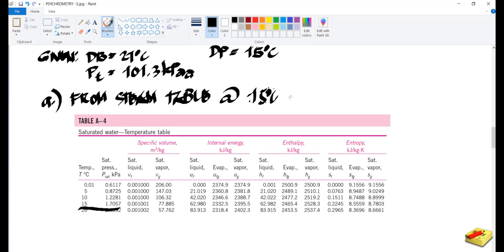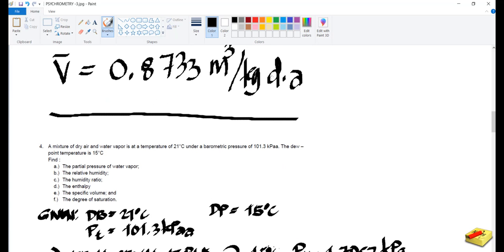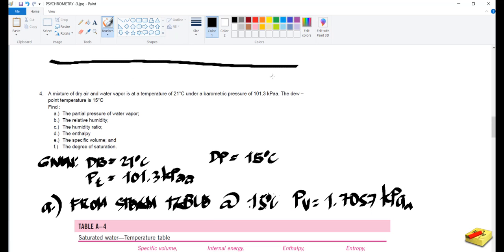So at 15 degrees, the saturation pressure will be 1.7057. So that will be kPa absolute. Okay. So next question, partial pressure of water vapor. Okay, 21 degrees under barometric, dew point temperature will be 15 degrees.